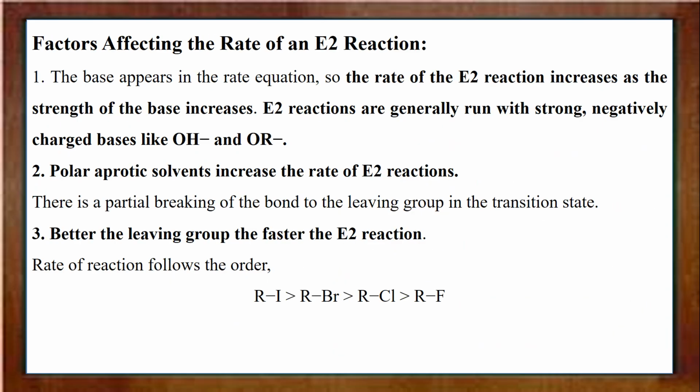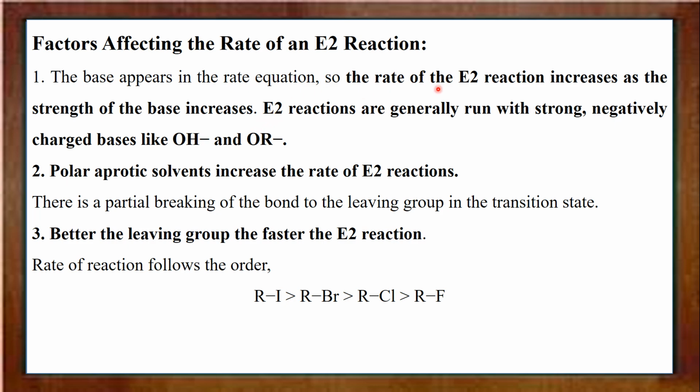The factors influencing the rate of an E2 reaction. There are 4 important factors which are affecting the rate of an E2 elimination reaction. The first and foremost factor is the strength of the base used in the elimination reaction.